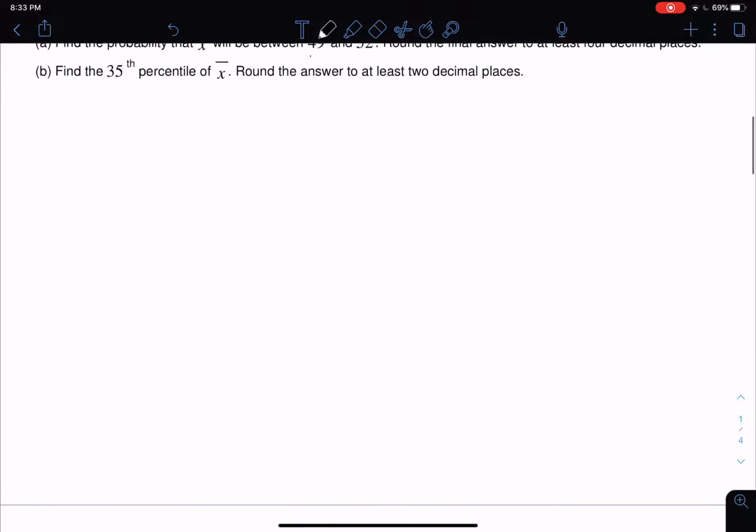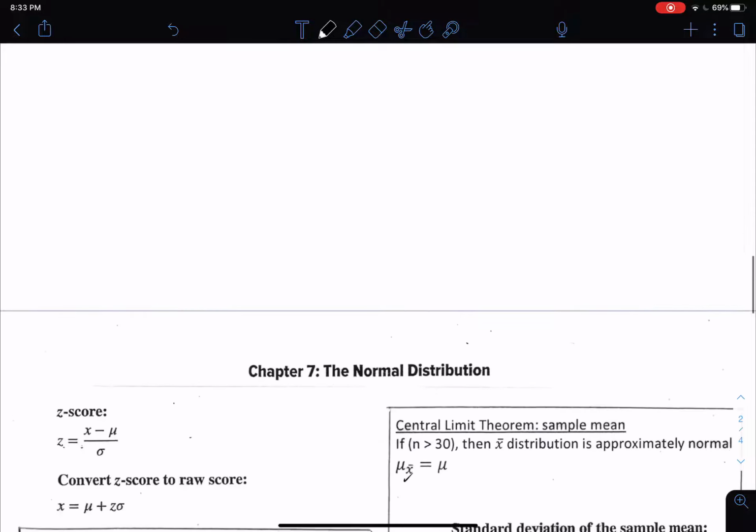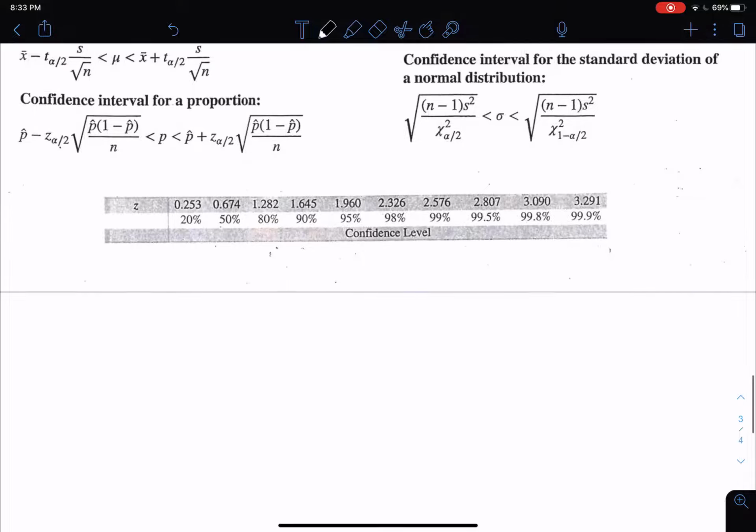So let's take a look at my own version of this lecture. Sampling distributions and the central limit theorem.